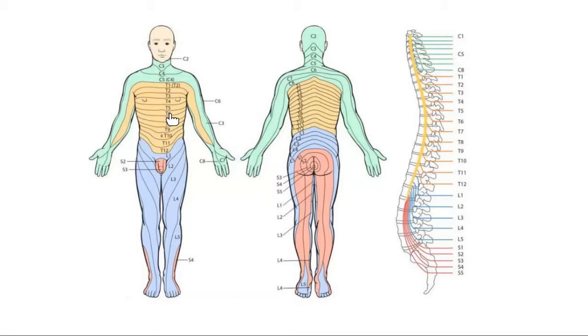When we're looking at the dermatomes, or the areas of skin that send their sensory information back to the spinal cord through a particular spinal nerve, notice that all of these dermatomes in the thorax go horizontally. Basically it makes a circle around your thorax.